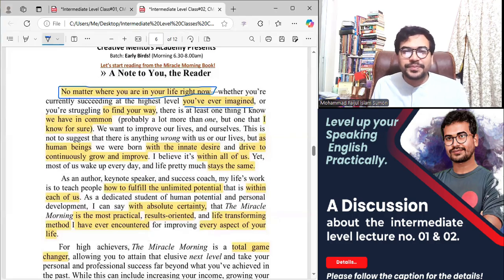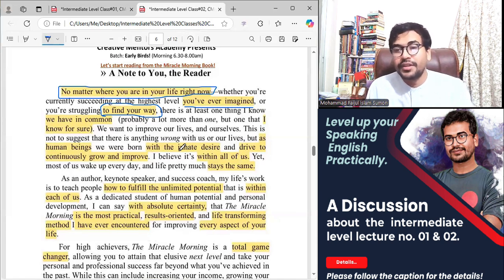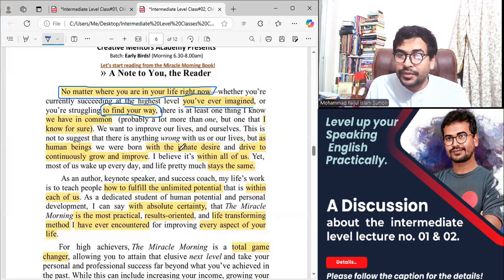To find your way: try to use this term for another purpose. Suppose one of my friends once asked me for some pieces of advice, and I told him, I'm not a good advisor, so you can find your own way. So you are here in this world to find your own way, right?